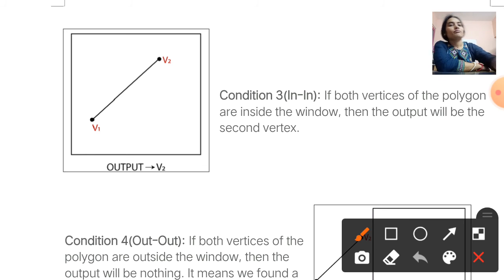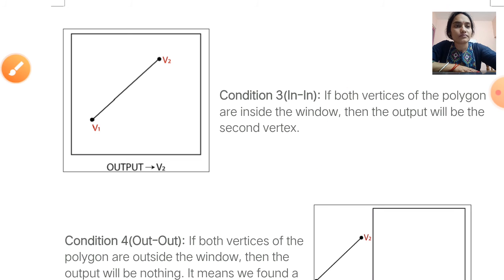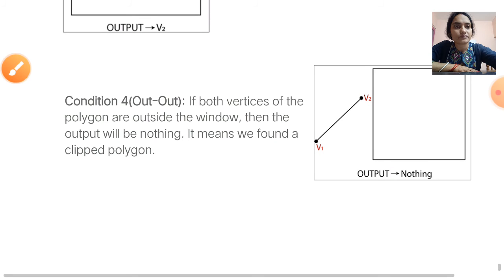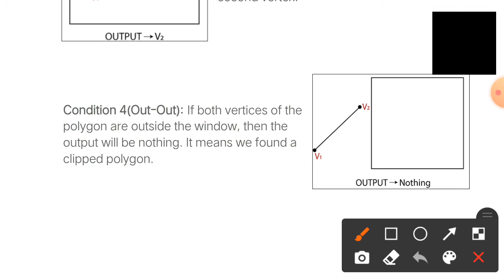We only save the second vertex, V2. Then the next one, the out-out condition. If both vertices of the polygon are outside the window, then the output will be nothing. It means we found a clipped polygon, nothing will be saved, and this one is discarded.